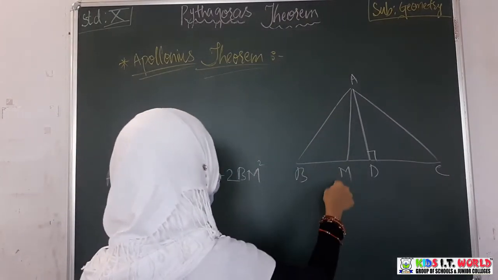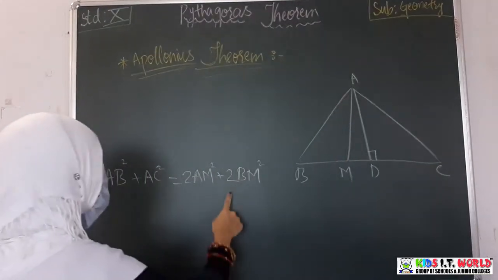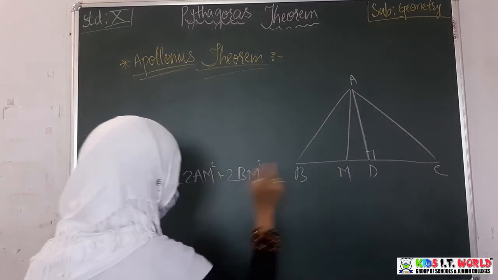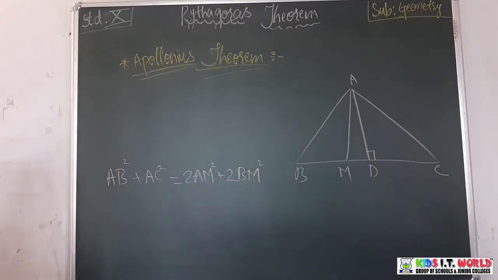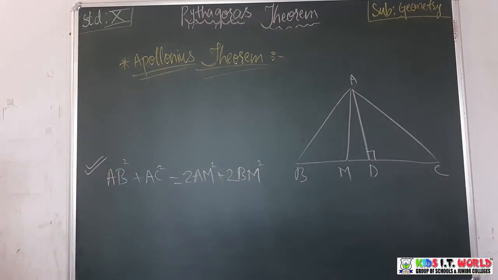AM is the median of BC and BM is half of BC. Apollonius theorem is also used to solve exercise questions or applications. It is written as application of Pythagoras theorem. Last practice set of our chapter, that is practice set 2.2.